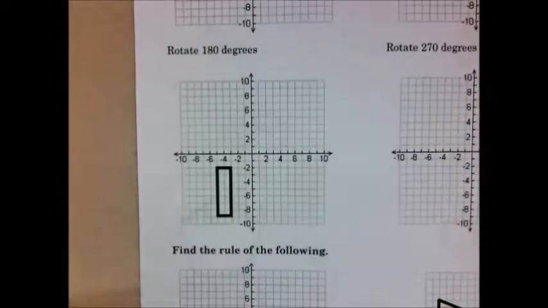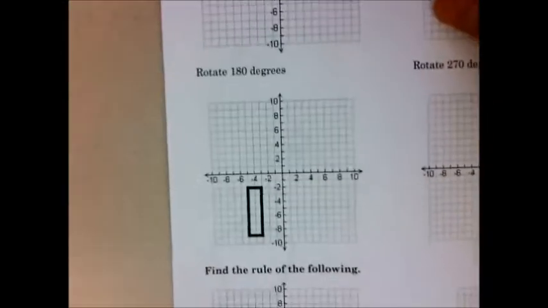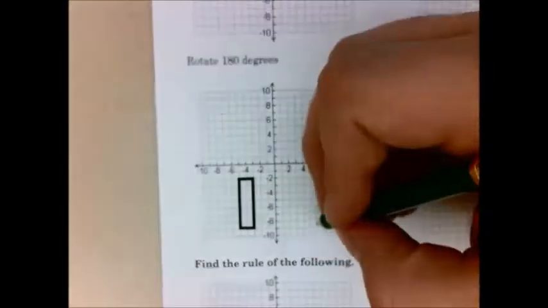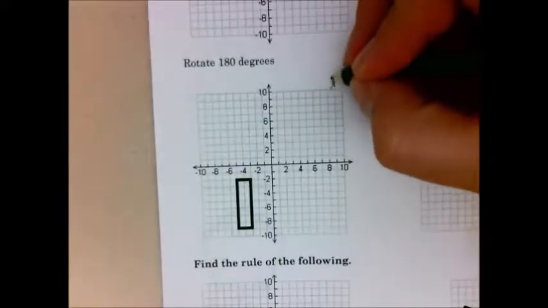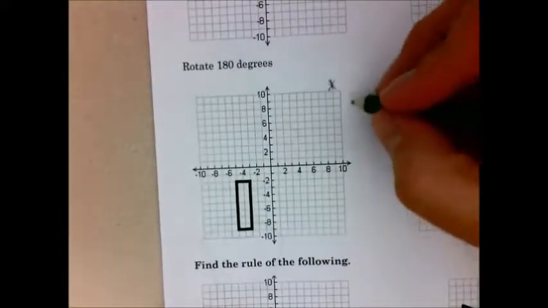Rotation of 180 degrees. For this one we move 2 quadrants counterclockwise and keep the numbers the same. So we're going to keep them the same this time. We're going to move 1, 2, so it's this quadrant right here. We're going to use all these points.